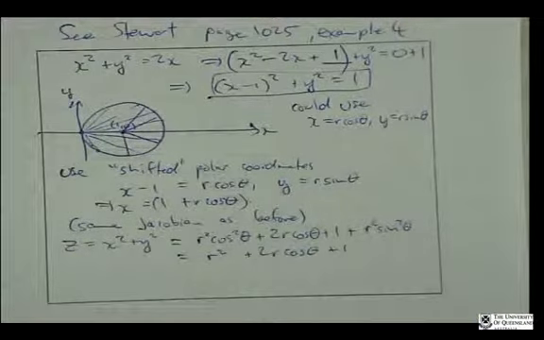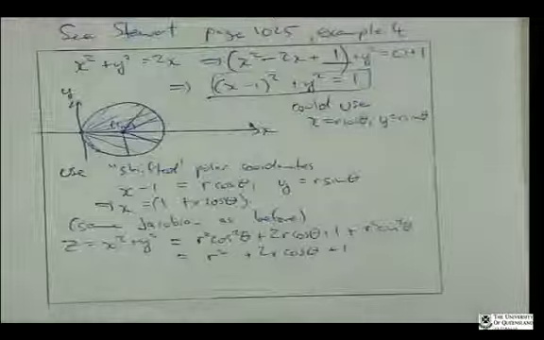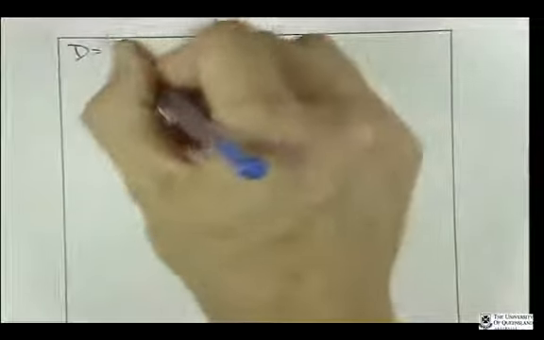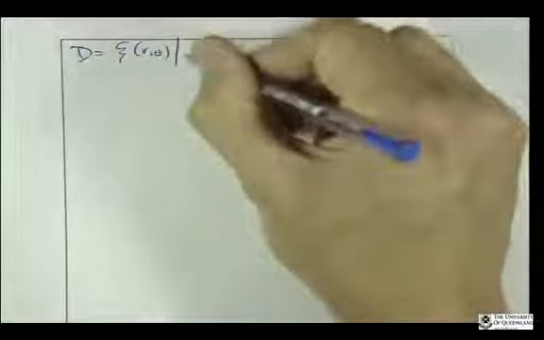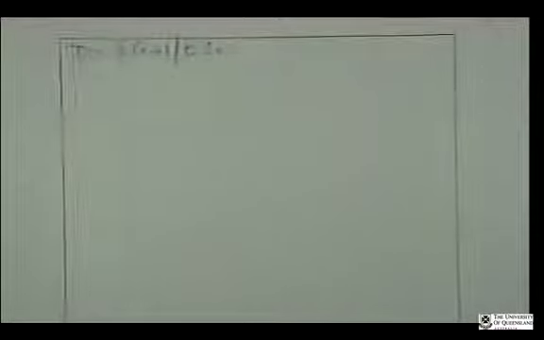I'll just go over the page. Put this on the other screen. So that's the function we're going to be integrating, r squared plus 2r cos theta plus 1. And the region, let's call this region D as usual, will have just a nice, simple expression as all points, a circle of radius 1, isn't it?